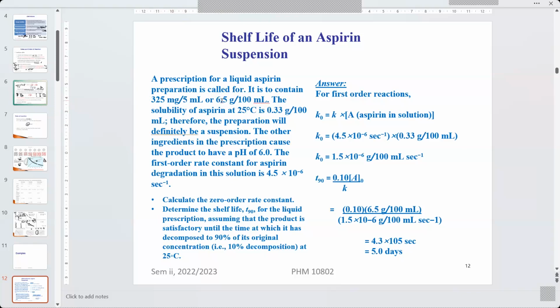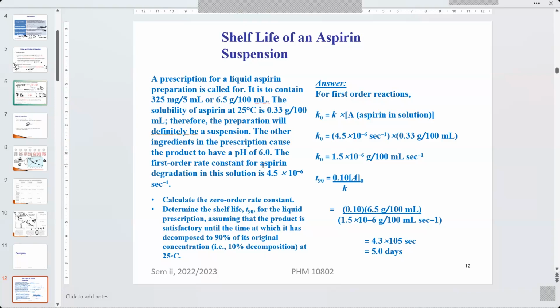So it will be a suspension. You add 6.5 gram per 100 ml, only 0.33 gram will be dissolved. The remaining, which is 6.27 gram, will be in suspension form. And the pH of this product will be 6.